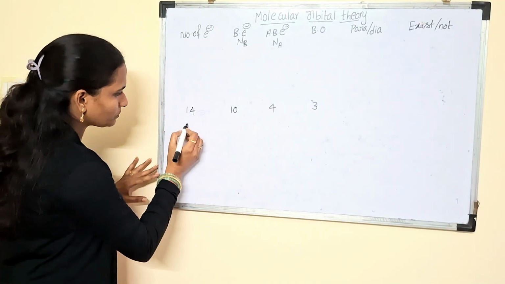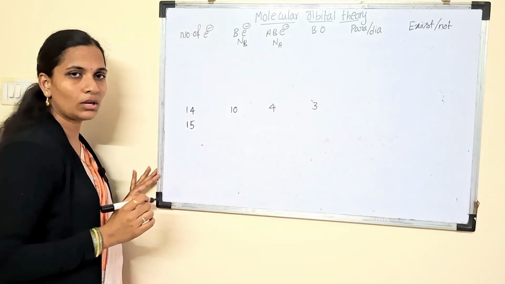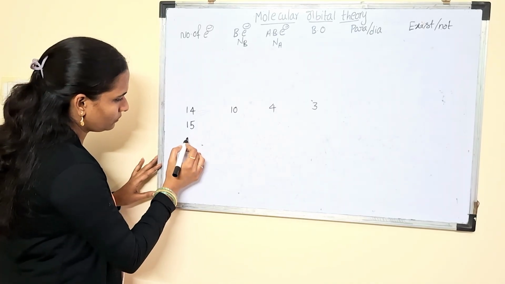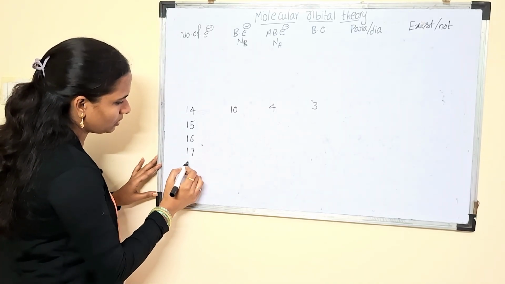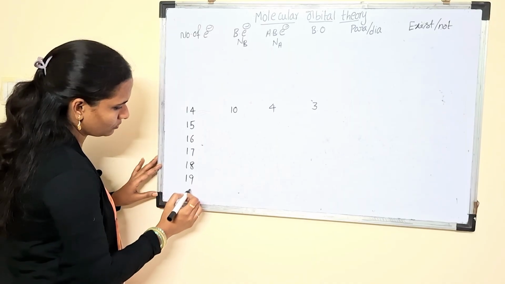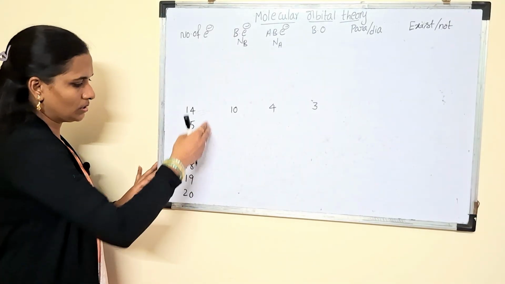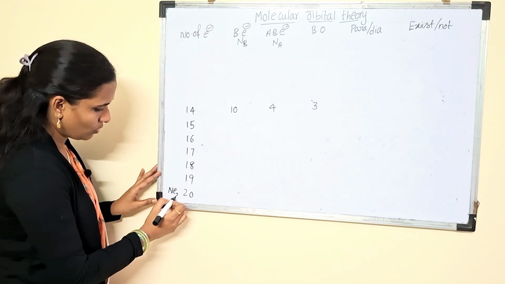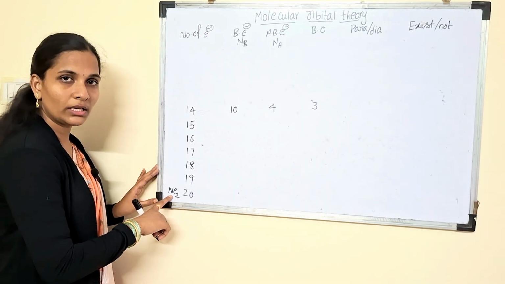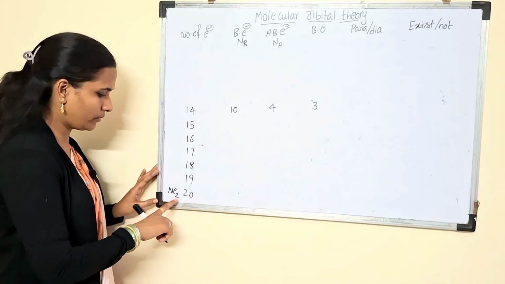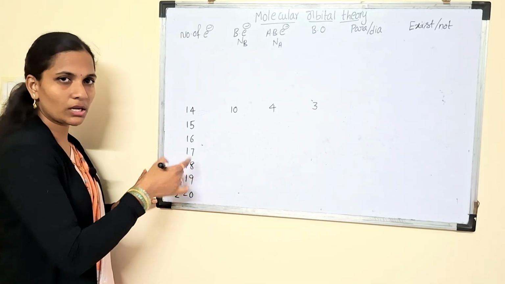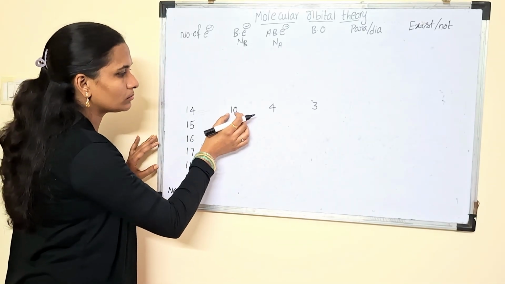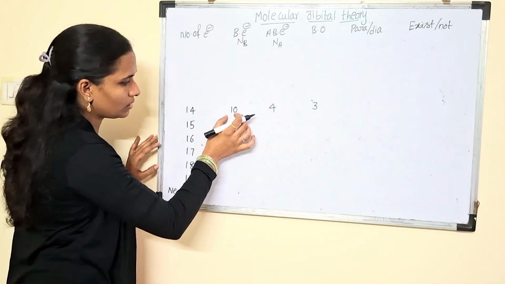So now coming to 15 electrons, which means the molecule or ion has 15 electrons. Write down here 14, 15, 16, 17, 18, 19, 20. So for these many electrons, for example the Ne2 molecule, neon has 10 electrons, so 2 neons have 20 electrons. For any molecule or ion species having electrons like these, you have to fix the number of bonding electrons at 10 only.